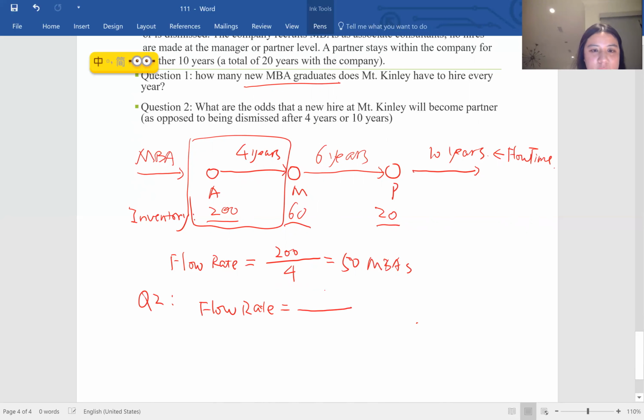And how do we calculate this? We use the inventory at the manager level, which is 60, divided by the flow time, which is 6, and this equals 10. So every year there are 10 associates entering the manager level. We also know that the manager level's size is stable at 60.